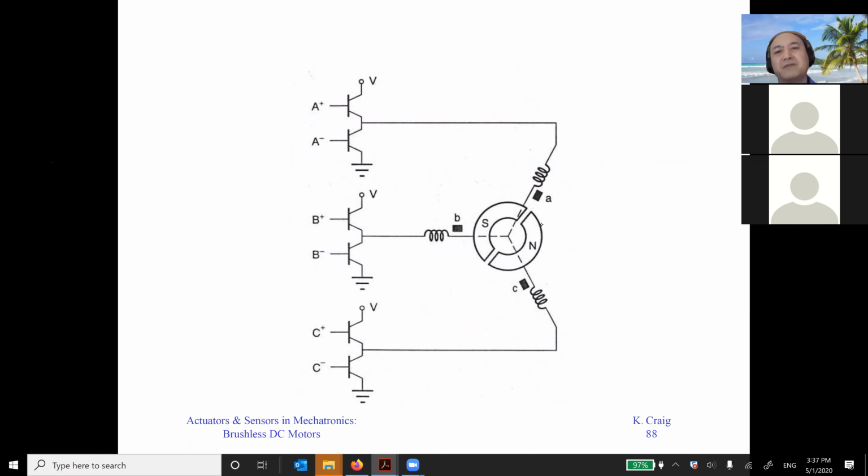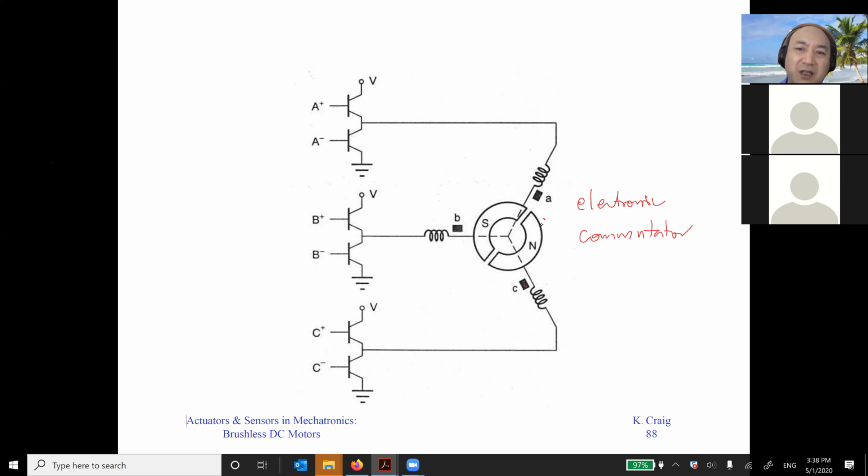This is how, electronically, we do what is called an electronic commutator. When you move to these A, B, C positions, we detect the position.